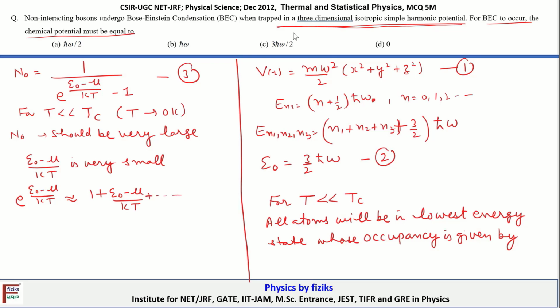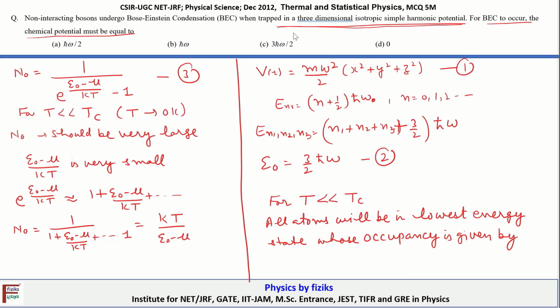So now make use of this result in equation 3. n naught will be 1 upon 1 plus E naught minus mu upon kT plus so on, minus 1. So 1 and minus 1 will cancel with each other, and this is equal to kT upon E naught minus mu.